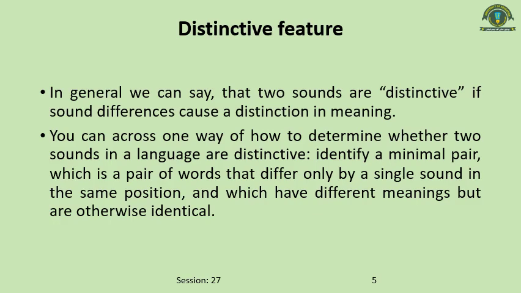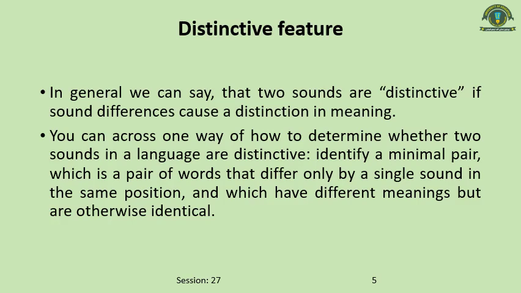Now, you can come across one way of determining whether two sounds in a language are distinctive. Identify a minimal pair, which is a pair of words that differ only by a single sound in the same position and which have different meanings but are otherwise identical. Remember, with the exception of one sound, the things are identical. That's very important to understand.